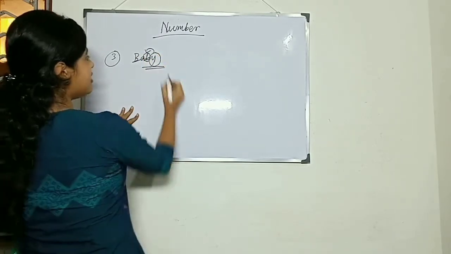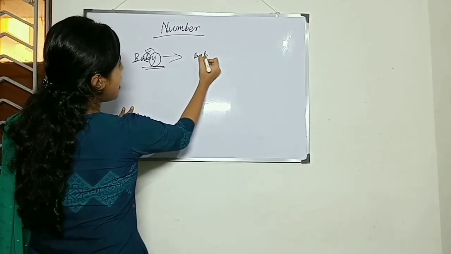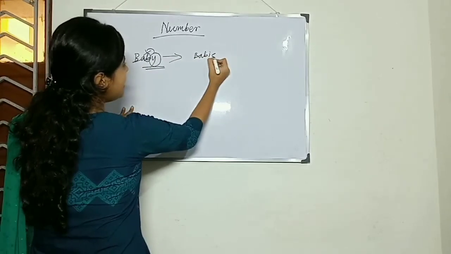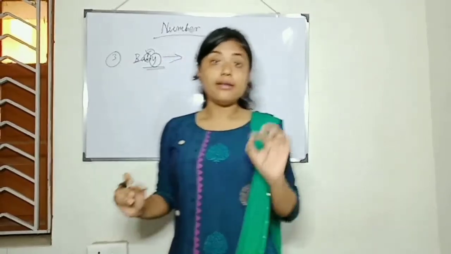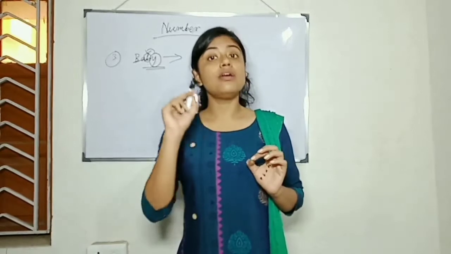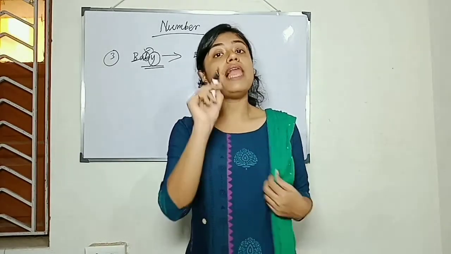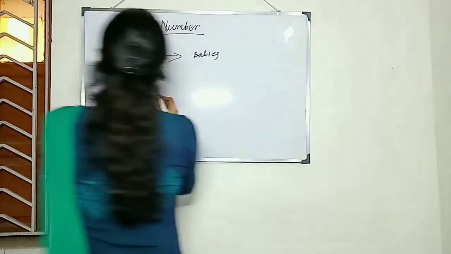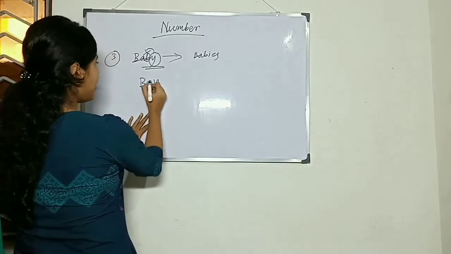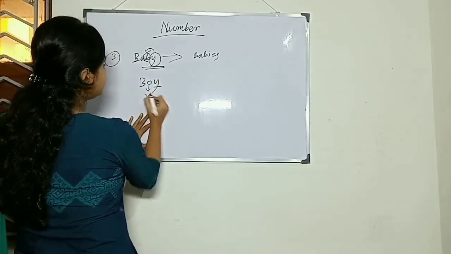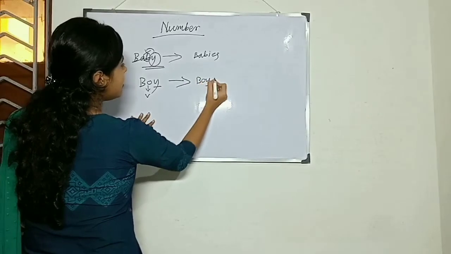B is a consonant. So this Y will be replaced with I and we will be adding ES. If the singular ending in Y is preceded by a vowel, we will add only S. For example, boy. Boy. Ending is Y and O. O is what? That is a vowel. So, we will add only S.